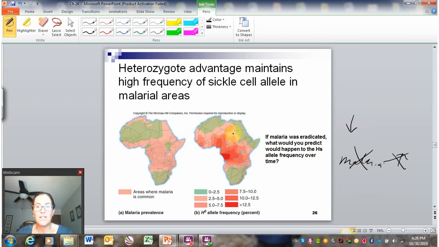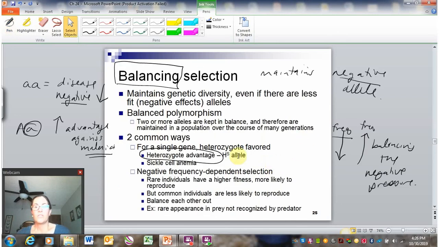And so you would expect to see these regions also have a reduction in sickle cell anemia frequency to what they are in non-malarial areas. So again, the heterozygote advantage is one way that we can have balancing selection. You have a negative effect that is balanced out by some kind of positive pressure.